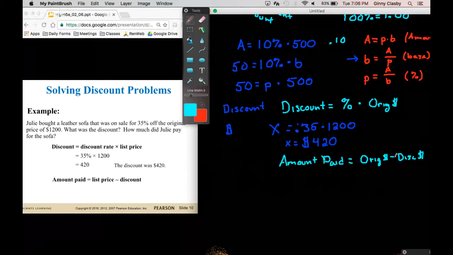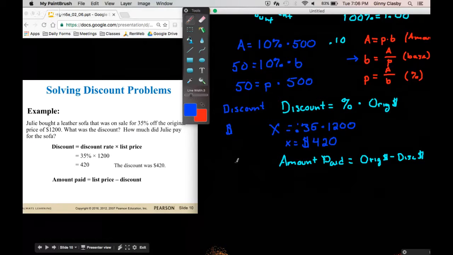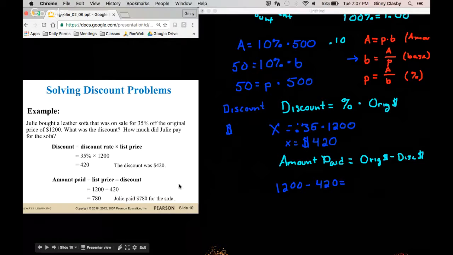So you're given the original price in the equation. Your original price was $1,200. You just found the discount price of $420. So how much money did she pay for this sofa? She paid $780 for the sofa.